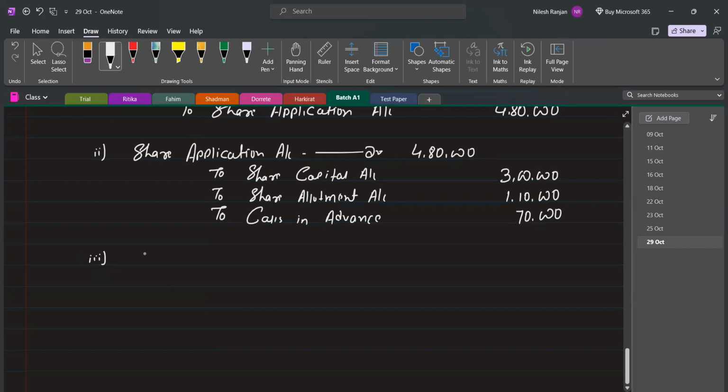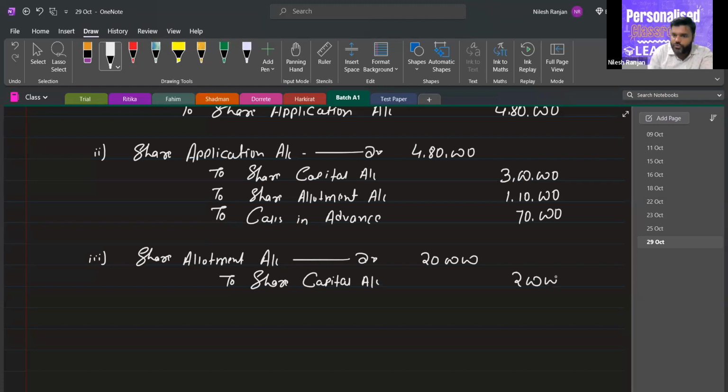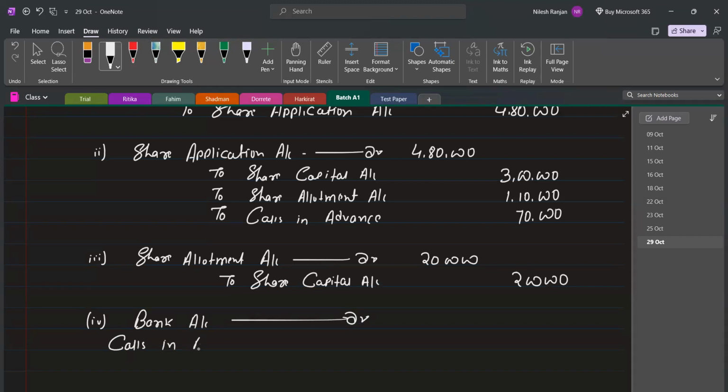Yes, sir. Third, share allotment account debit to share capital account. The total amount will be 2 lakh, 1 lakh into 2 lakh. Now in this, we have already received some of the amount. And we have to open calls in arrear account also.